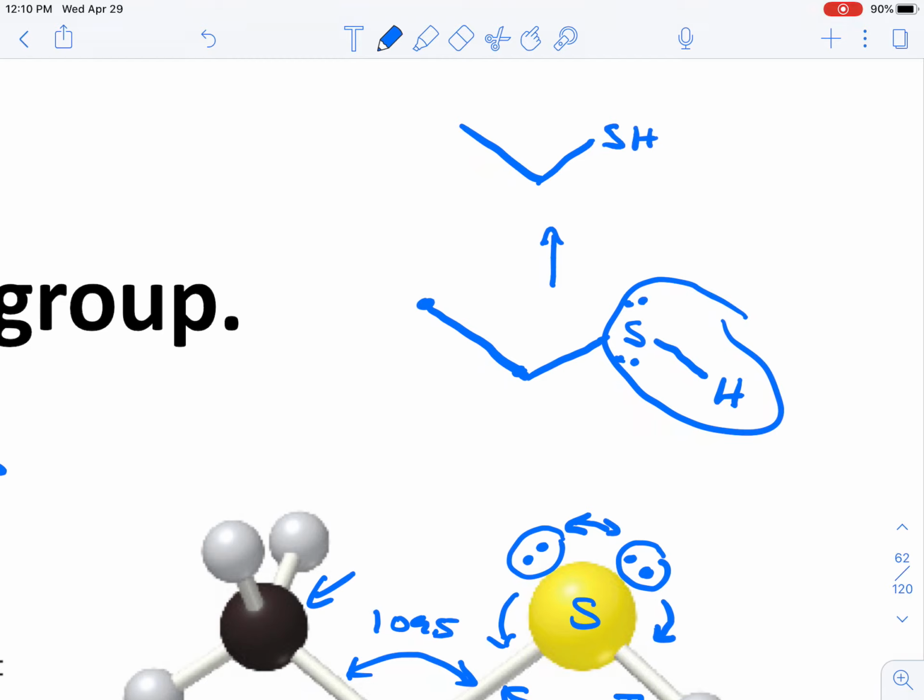Typically the bond between the S and the H and the lone pairs of the sulfur is ignored, as you saw in alcohols. However, you just have to remember that there are two lone pairs on sulfur, much like there were two lone pairs on the oxygen in the hydroxyl group.